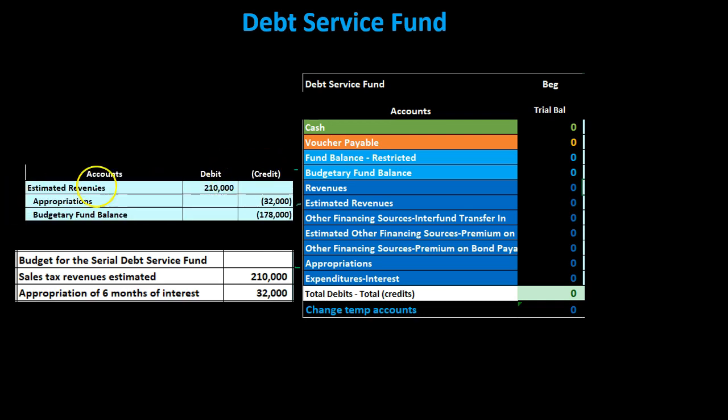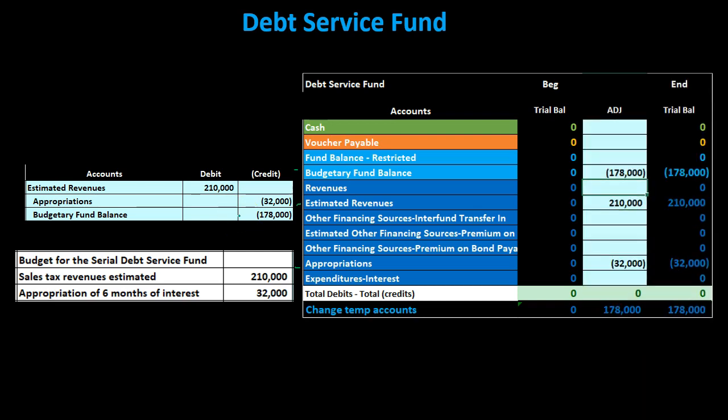So it's going to look like this. We're going to say that the estimated revenues, we're estimating the revenues to be $210,000 debit for the budgetary revenue account, opposite of what revenue normally is, a credit balance. Then we have the appropriations going on the books as a credit. That's kind of like the expenses or expenditures, and expenses or expenditures having a debit balance, this then having a credit balance. The difference between the two being what we're going to have to record to the budgetary fund balance.